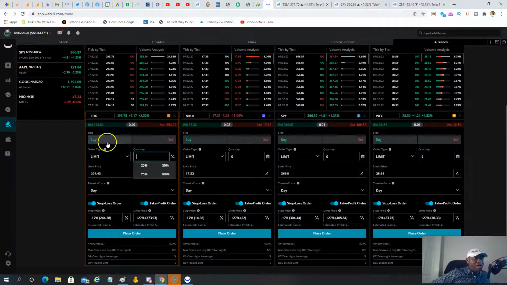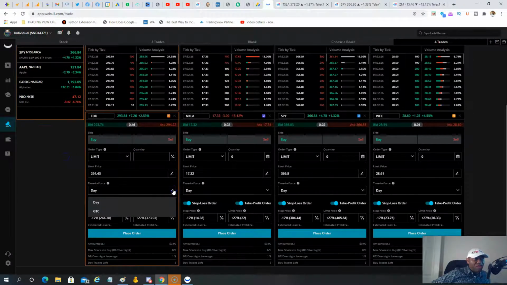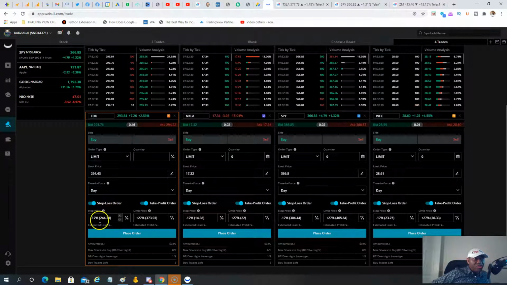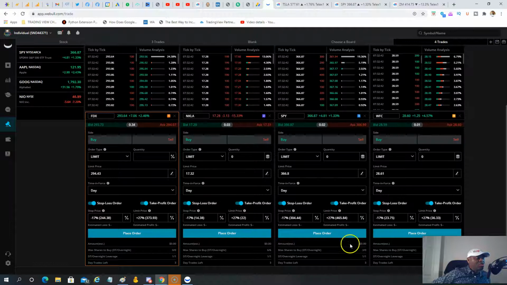And then buying or selling, and then time in force, always day, or then stop loss. You specify your stop loss, and your profit taking you can set up automatically beforehand. And then you have the ability to trade 4 stocks on here very easily. You don't have to switch screens all at once. Okay, so that's the 4 trade one.